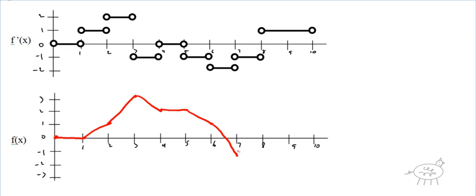I'm at -1, so I go down to -2. And from 8 to 10, the slope is 1. Do you guys agree with that? So it's up 1 over 1, and then up 1 over 1. So it's a consistent slope here. And that's what your graph somewhat looks like.